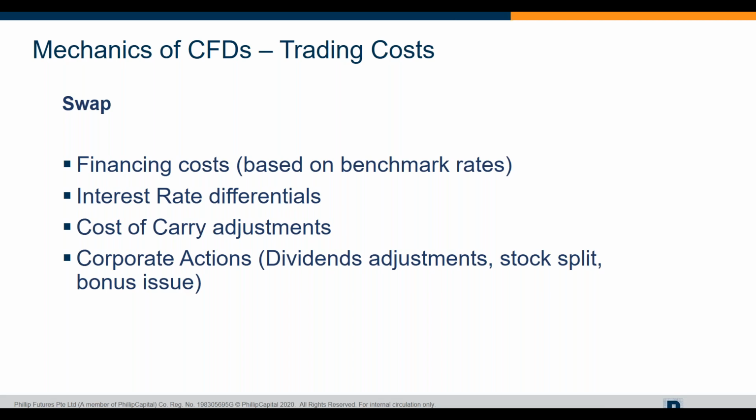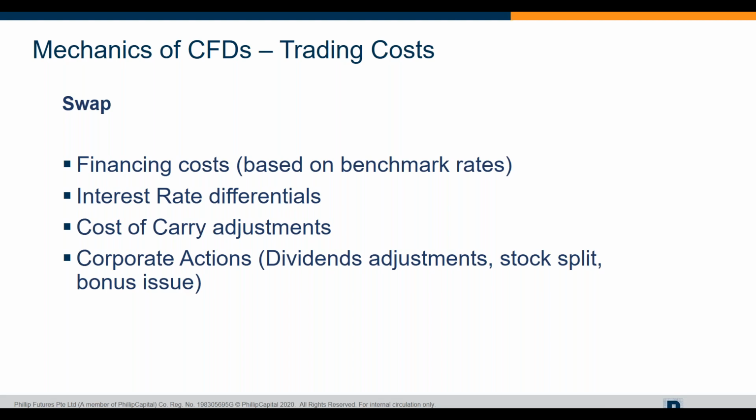Essentially, you are borrowing money to fund your position. When you're borrowing money, naturally you would incur a financing cost. This cost would normally be incurred when you hold the position overnight. So it's an overnight financing cost. That is the first one.